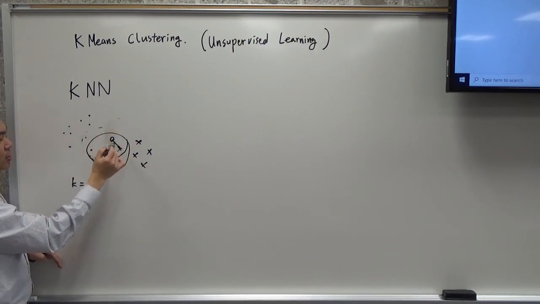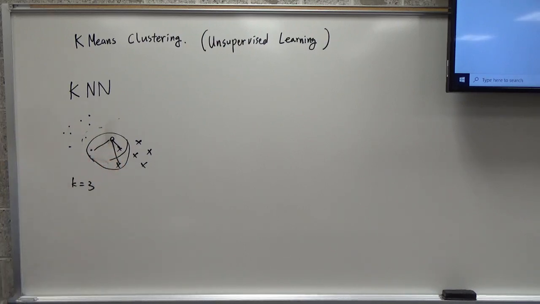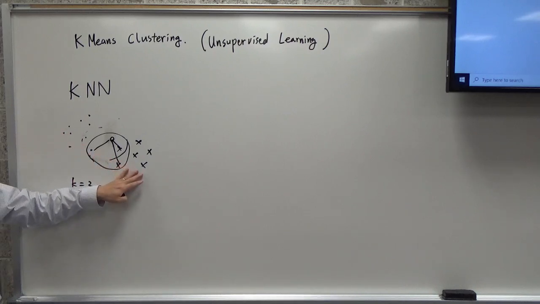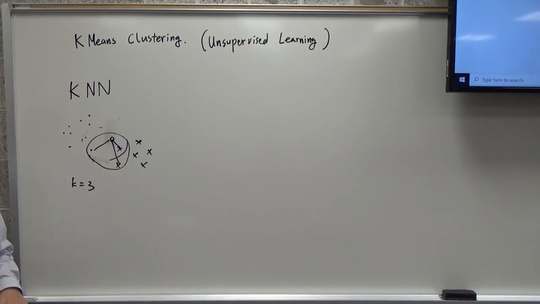And then say that, oh, since among the nearest points there are more x's than dots, this new point must belong to the x group. That's the concept of KNN. Okay. Notice that a priori, somebody has to make a training set saying that, oh, these are the dots and these are the x's. Okay?